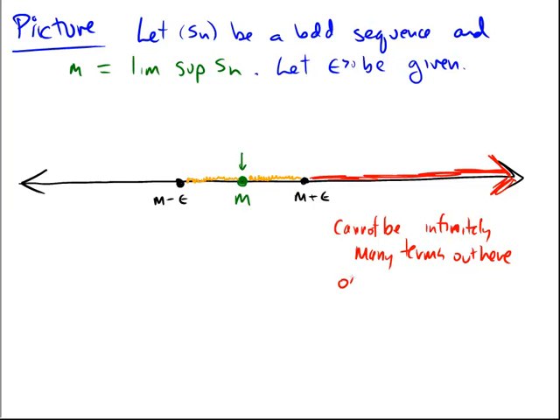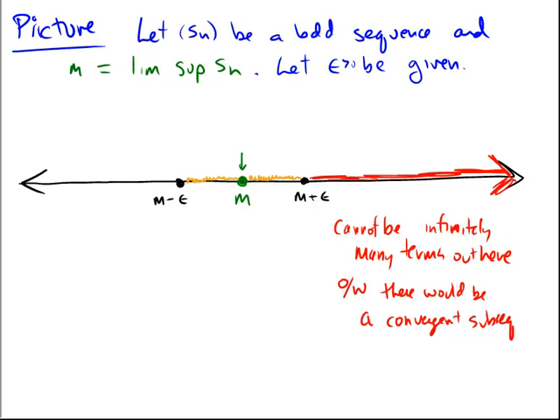Because otherwise, what would happen? Well, if we had infinitely many terms out here in the red, because it's a bounded sequence, then we recall that a bounded sequence with infinitely many terms is going to have a convergent subsequence, by that big theorem. So otherwise, there would be a convergent subsequence out here. But if it was out here in the red, then it would be above m plus epsilon for any epsilon that was given.